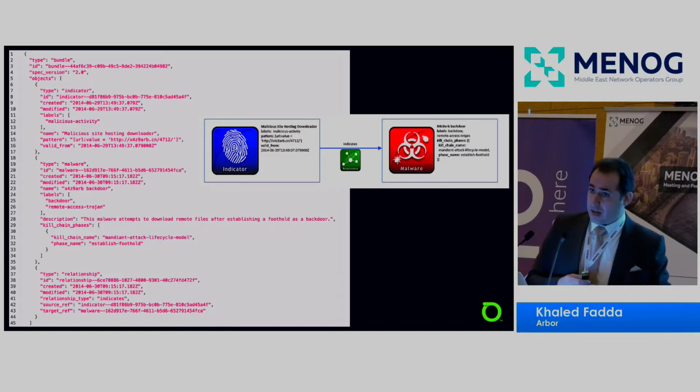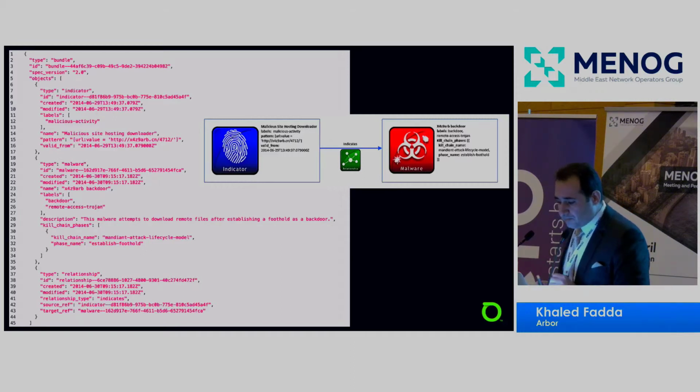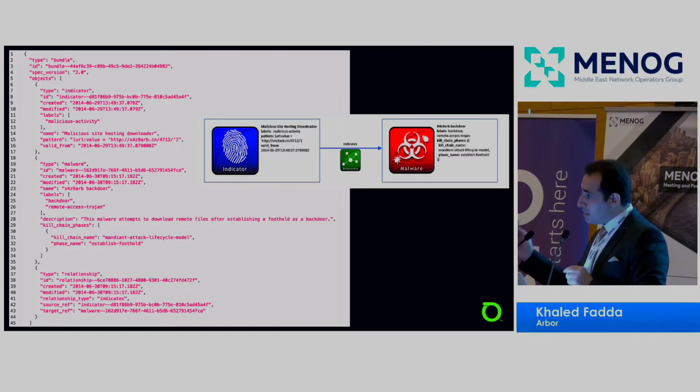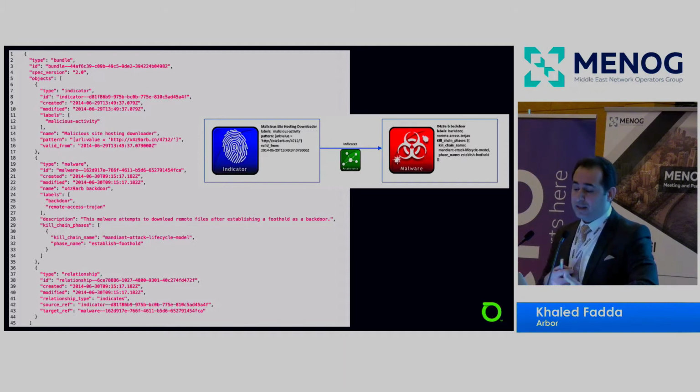It's opening the backdoor or the command and control channel with that URL. And it is connected to a malware. We have a file, a malware that is a remote access Trojan. So if we have that malware, that means the malware is going to open that URL. This is the relationship between the indicator and the malware itself.